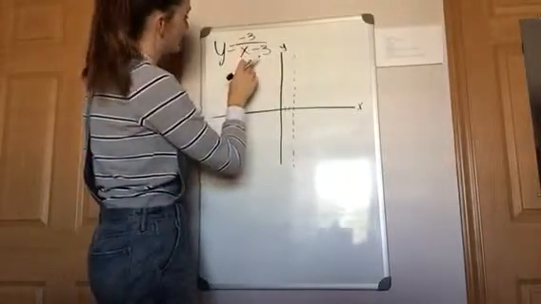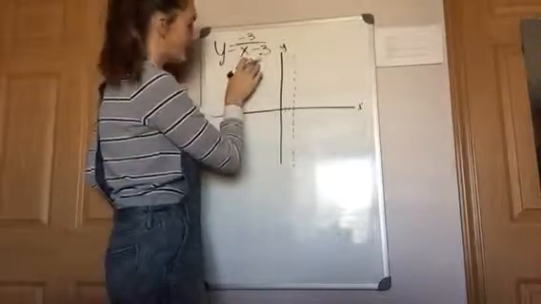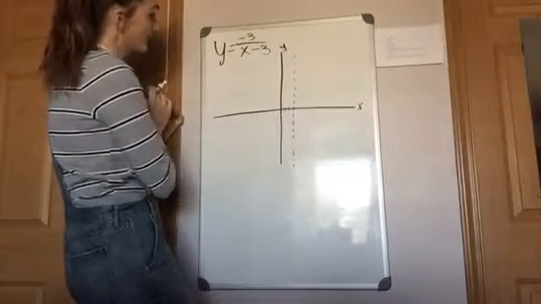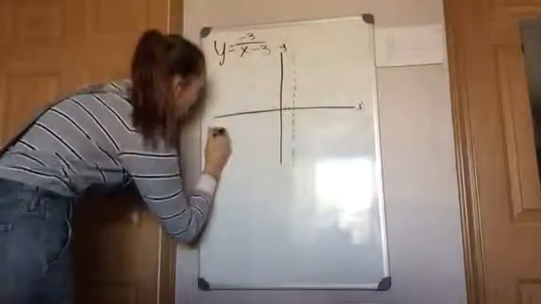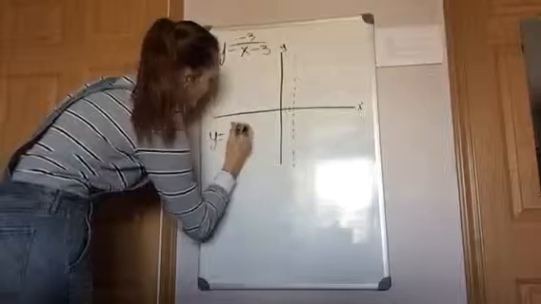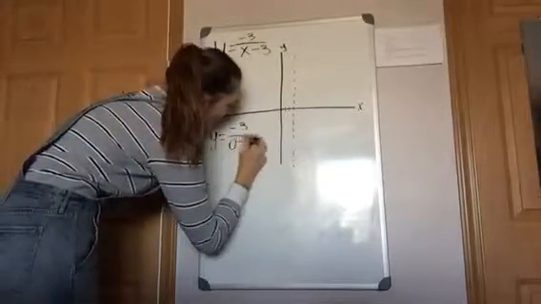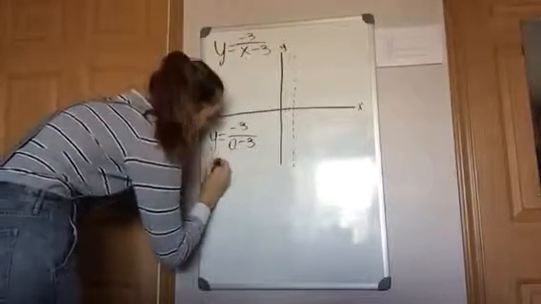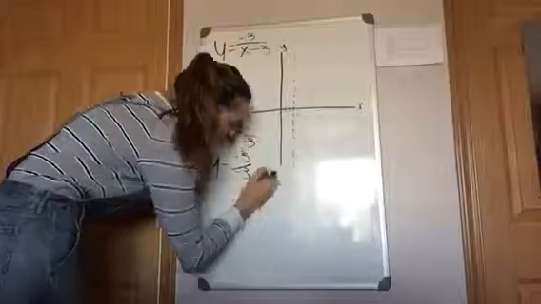And so we want to find our y-intercept. So for our y-intercept, we're going to let x equal 0. So y equals -3 over 0 minus 3, which is -3 over -3, which is 1.